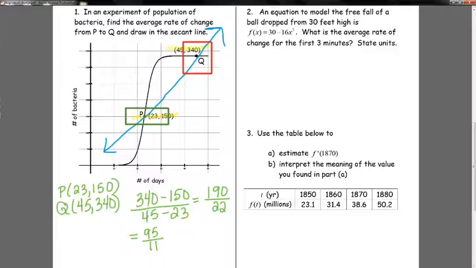And now we need to answer the question in terms of the problem. If you notice, I have number of bacteria on the y-axis and number of days on the x-axis.